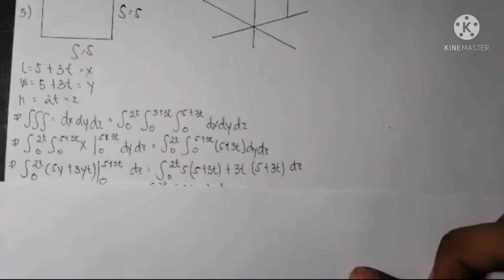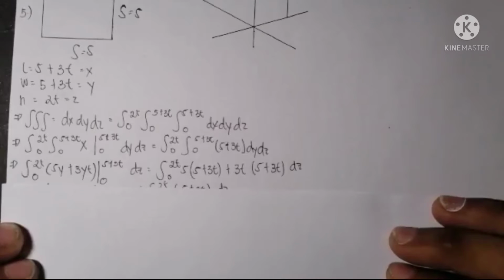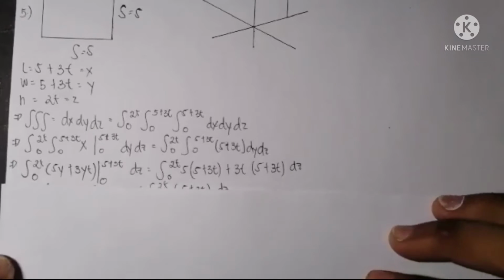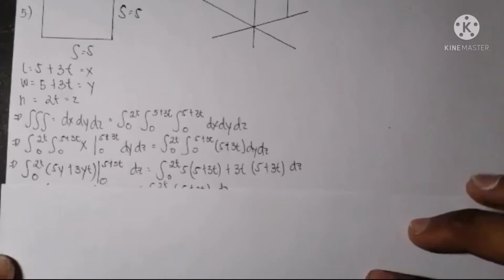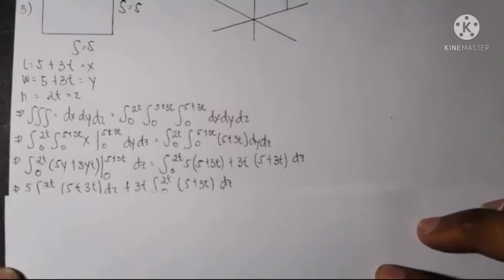So, the integral of 0 to 2t of 5y plus 3yt from 0 to 5 plus 3t dz is equal to the integral of 0 to 2t of 5 times 5 plus 3t plus 3t times 5 plus 3t dz.